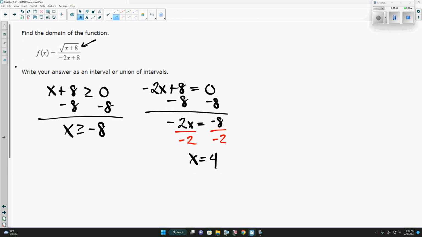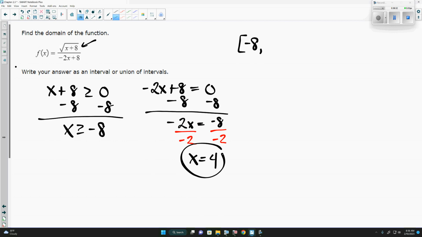So far all we've said is that x has to be bigger than -8. So, bracket -8, comma. So anything less than -8 is not going to work. So what's the next biggest number we can get to? Because we can't just go to infinity, we also have what? Can't equal 4, right?